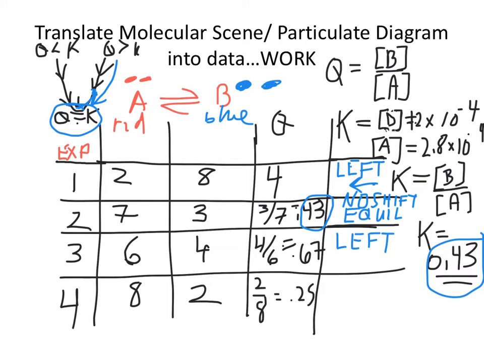And finally, 0.25 is actually less than 0.43, so we're over here on the curve, and the reaction is going to shift to the right in order to achieve equilibrium. So that's basically, if you keep that little chart in mind, it's a good reminder of which direction a system will shift in order to achieve equilibrium based on the relative values of Q and K.